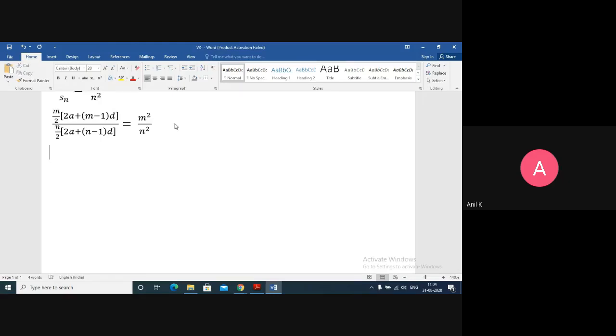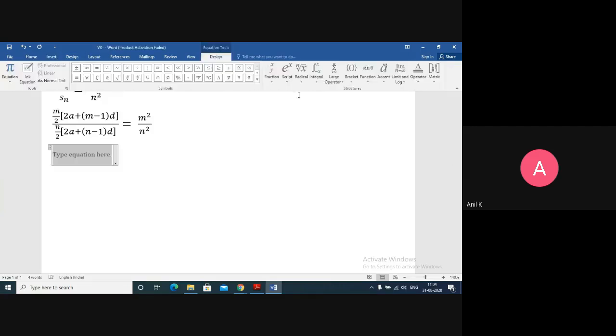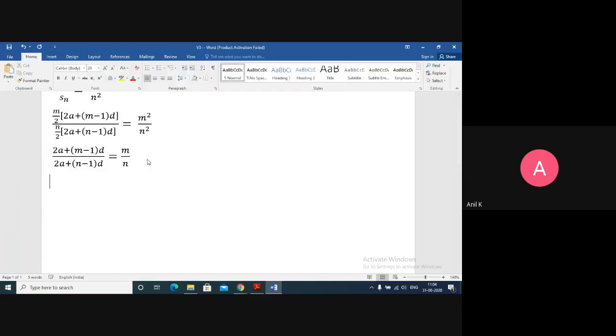So you have 2a plus m minus 1 into d, and here you have 2a plus n minus 1 into d, is equal to m upon n. How is m square upon n square becoming m upon n? Because you have m upon n, so one will get cancelled.